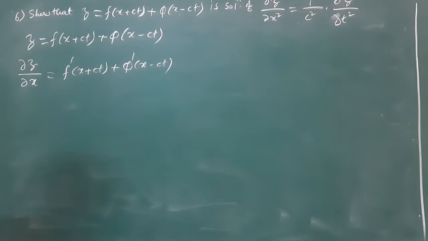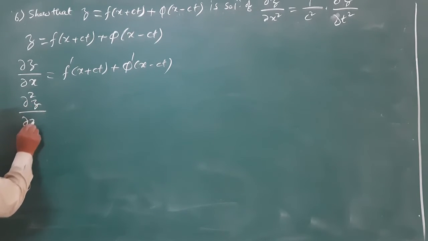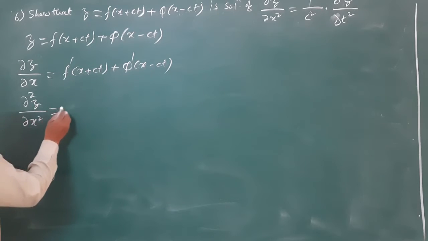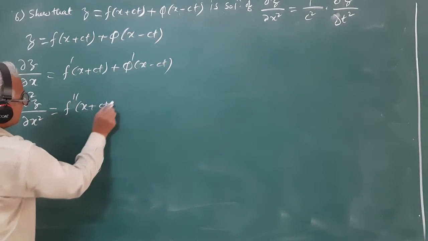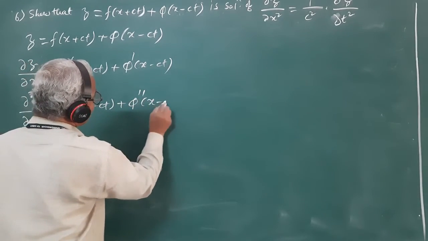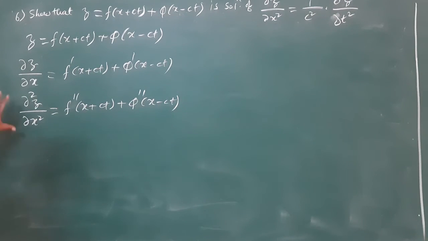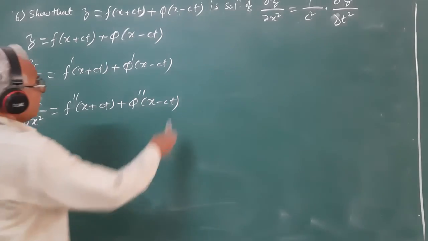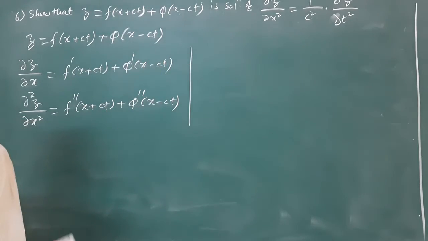And differentiating dou z by dou x once again partially with respect to x, we get dou 2z by dou x2 to be equal to f double dash x plus ct plus phi double dash x minus ct. So this is the expression for dou 2z by dou x2. Similarly, we can differentiate z partially with respect to t.